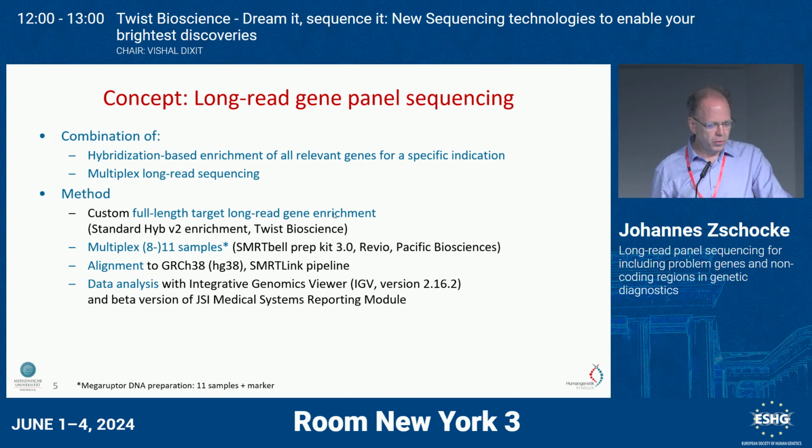So what methods do we use? We use a Twist custom-built targeted long-read gene enrichment, and that is very flexible. You pick your genes and they do it for you.